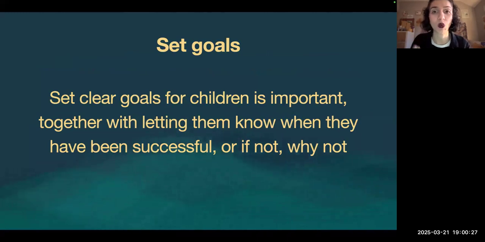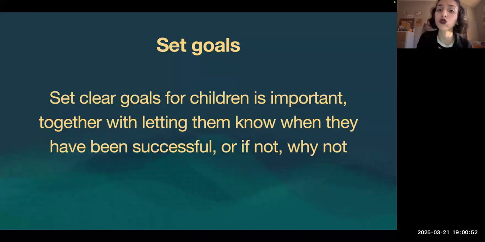If they are doing something well, always point that out, make them feel seen and understood, and highlight their strengths. But if they're not successful, it's also okay to point out why, but always give reasons. Make sure they know why they haven't accomplished a certain goal, because it helps them understand what to change in the foreseeable future.